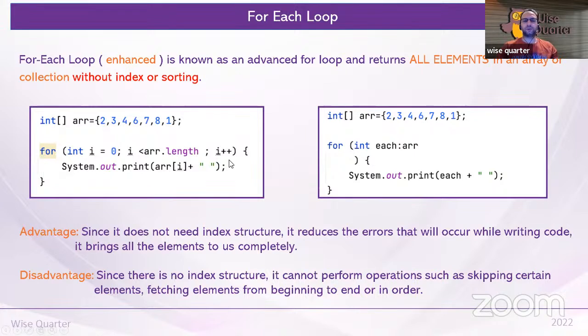One of the most important topics here is the for each loop. We are going to use all the different kinds of loops in different situations, and you should know which one should be used and where. We can solve a lot of questions by using different loops.